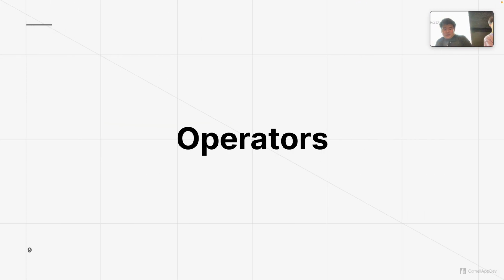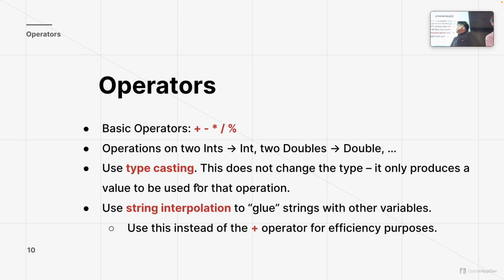Okay, to summarize everything else, we have the basic operations on numbers: plus, minus, multiplication, division, and modulo. They work on different types: ints, doubles, and floats. We also have type casting, which treats the variable or value as a different type in the operation.